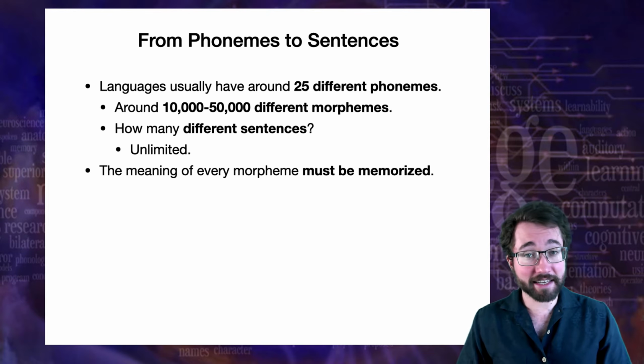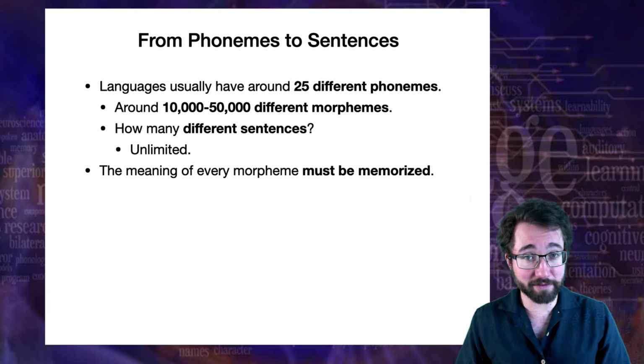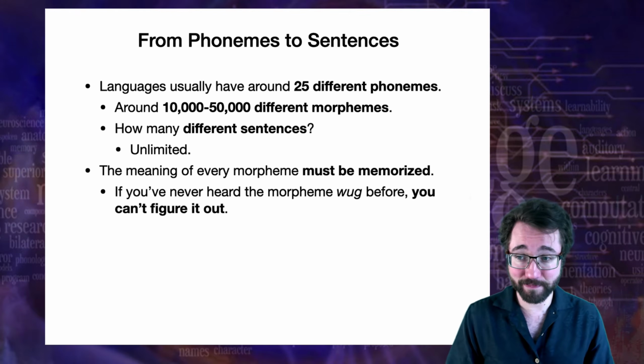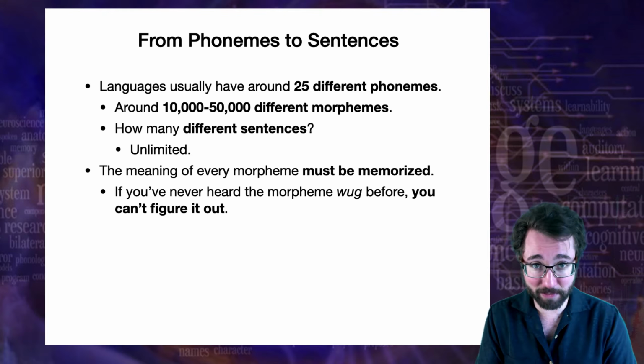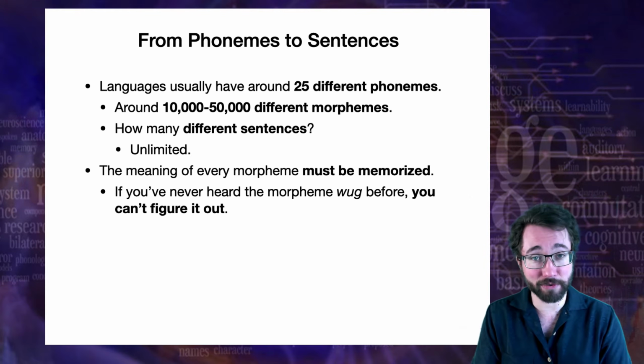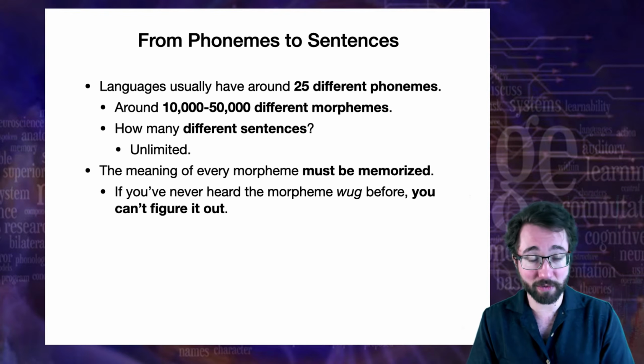So as a speaker of English, you have memorized about 50,000 different words and their meanings. If you've never heard a morpheme before, like some nonce morpheme like wug, you can't figure out what it means by looking at its parts, right? Remember, a morpheme is the smallest identifiable unit of meaning, so the parts don't give you any clues about what the meaning is.